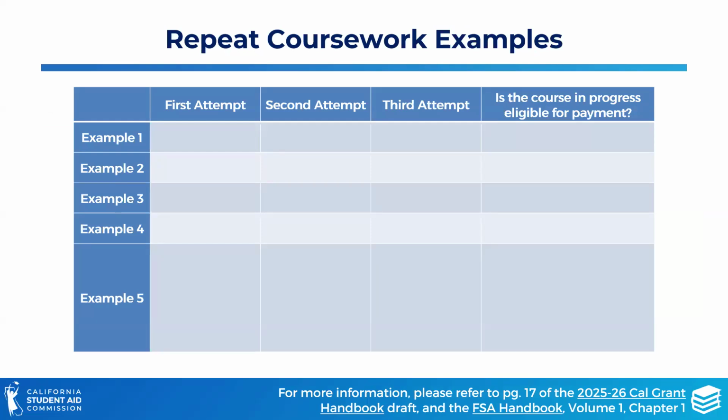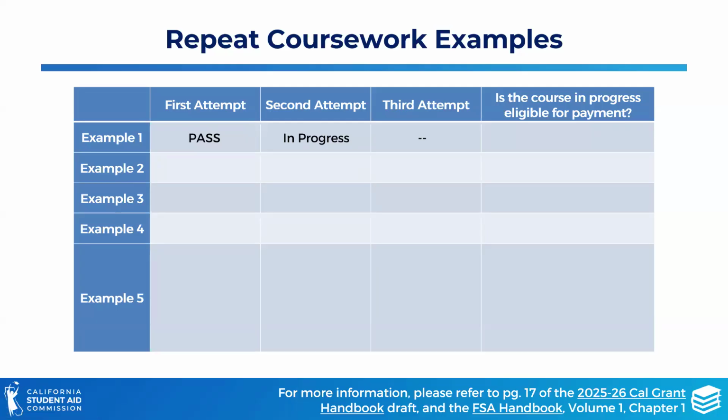In my first example, I have a Cal Grant student who is currently in their second attempt of a class. In the first attempt, maybe last semester, they passed that class. Now that they're taking the class for the second time and it's currently in progress, are they eligible for Cal Grant payment? If you think you know the answer, put it in chat.